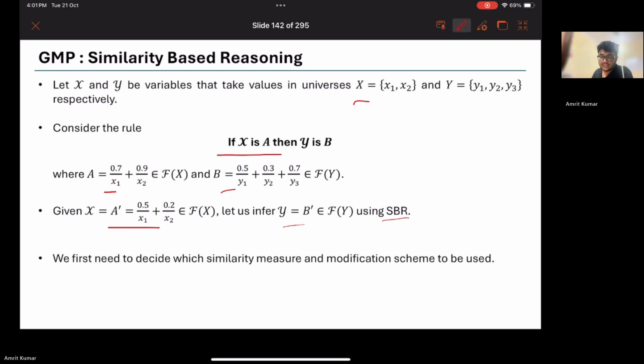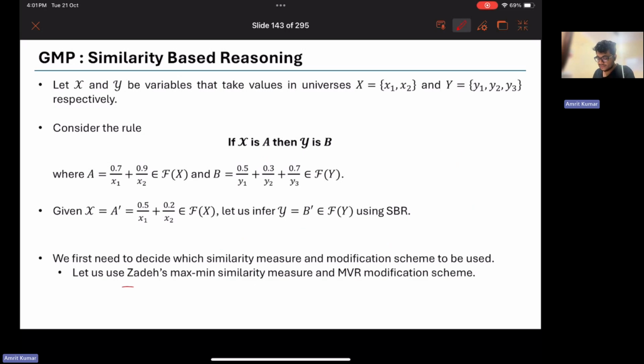Now, in order to actually use similarity-based reasoning, we first need to specify two things. First one is what similarity measure we are going to use to compute S, and what modification scheme we are going to use. So this question by itself does not make sense unless these two things are specified.